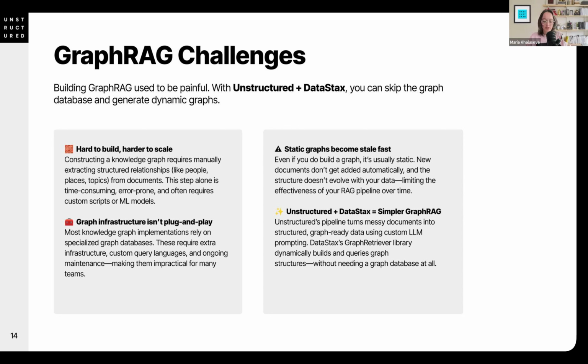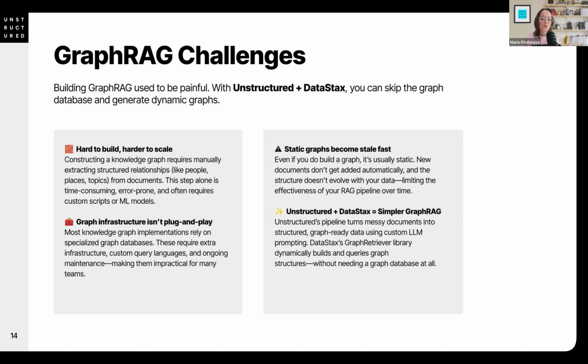Unfortunately, traditionally, GraphRAG is quite challenging to build. This is because the first step to GraphRAG is building that knowledge graph. Traditionally, this requires manually extracting structured relationships like people, places, topics, and so on from your documents.